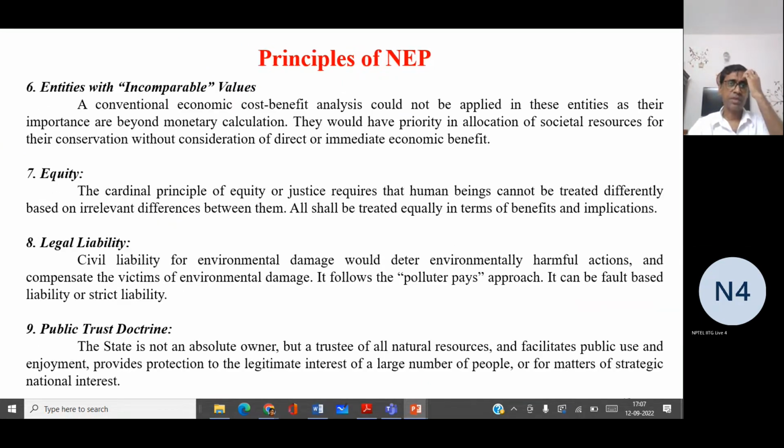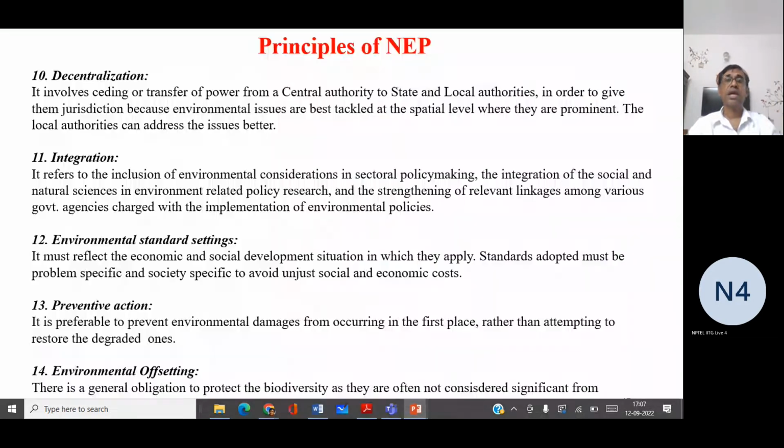Its objectives and principles we discussed in great detail, and finally NEP gives you an overall outlook of how a better environment policy supported by a strong technological backup can help you to preserve and conserve natural resources, not only for our present use but also for the use of future generations. So I would like to stop here.